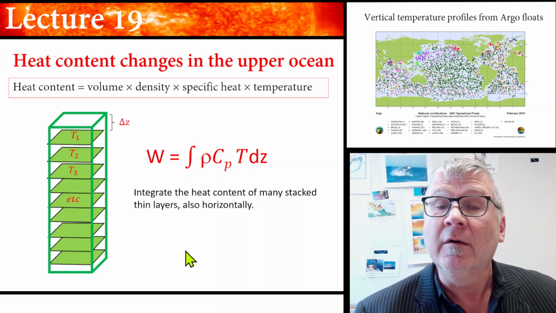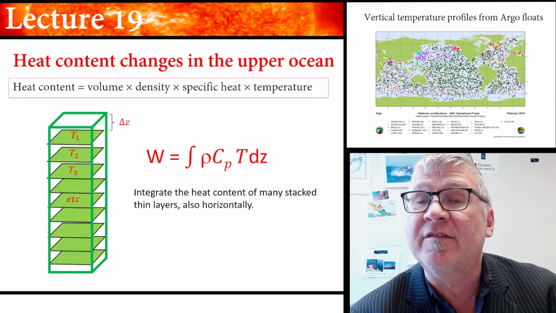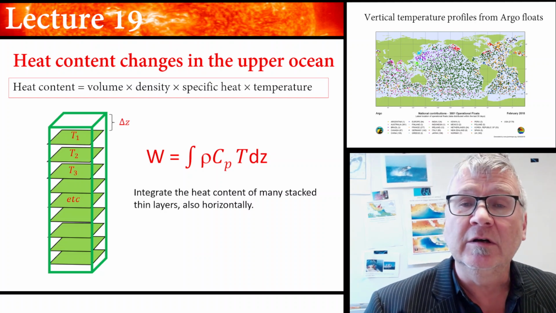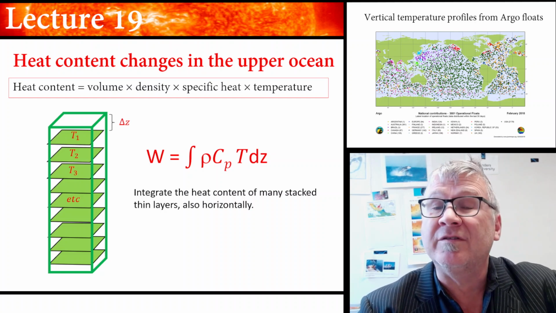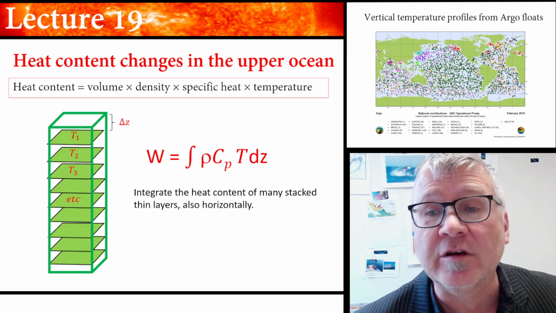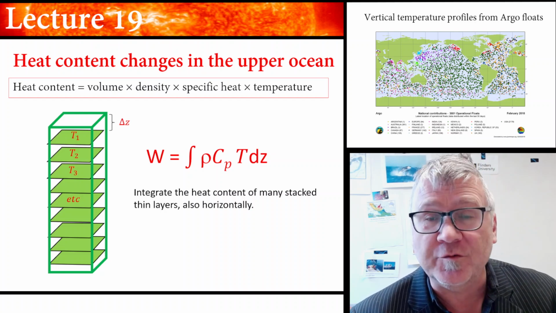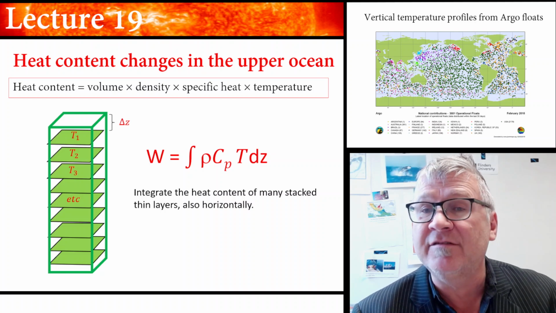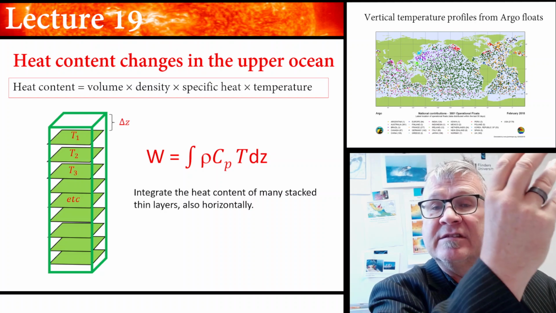You can also do it horizontally, because if you have measurements of temperature throughout the world ocean, we can work out the entire heat content of the oceans. And this is done with Argo floats. Argo floats are instruments that measure temperature and salinity and start at the surface.